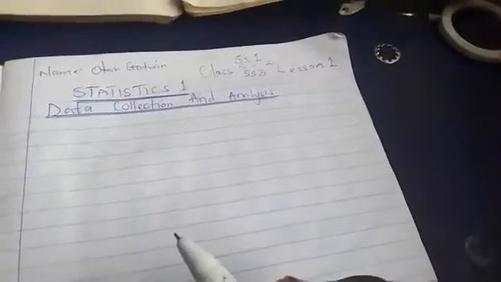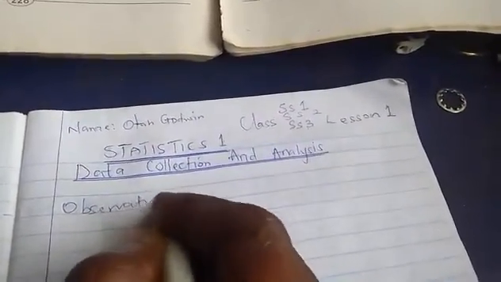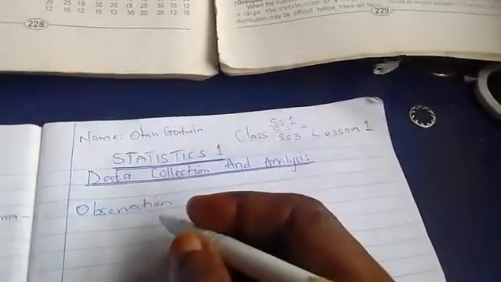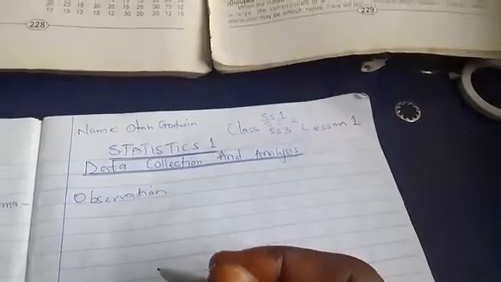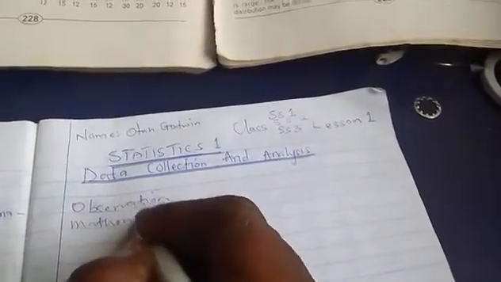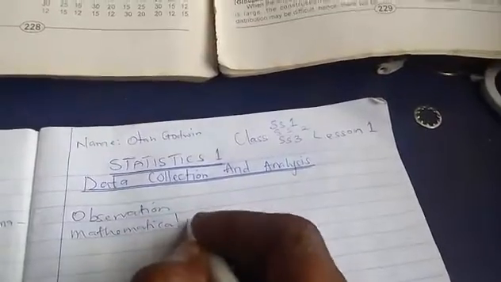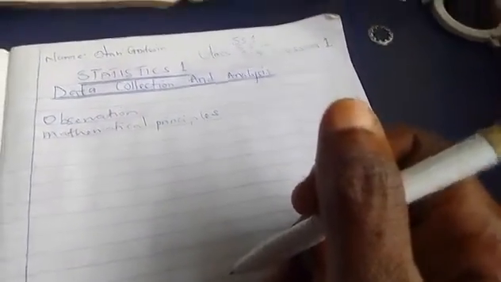These methods include observation, and we can also use mathematical principles in order to get or to analyze data.